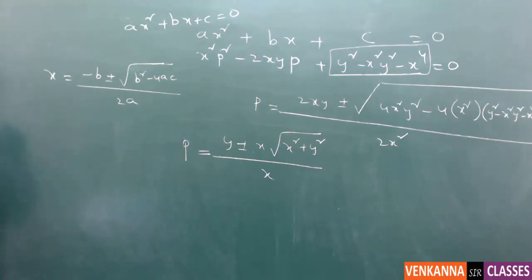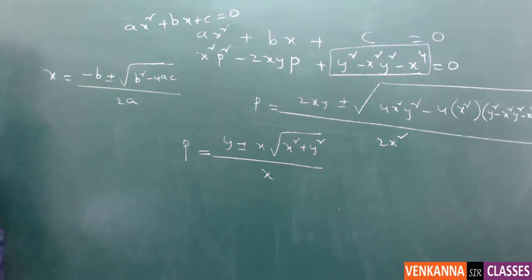I have cancelled 2. The square root portion inside will be written as x square plus y square. All of you agree with that? If everyone accepts, then I proceed further. Any other queries for anybody?